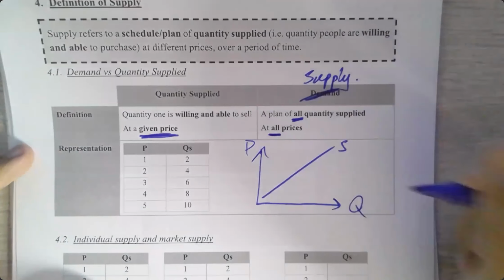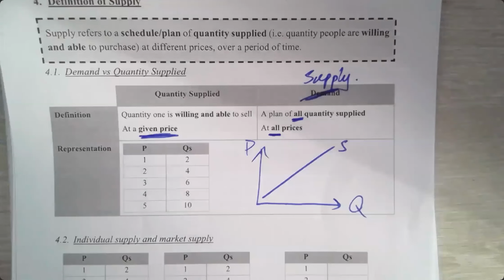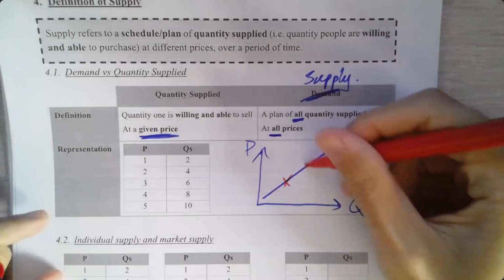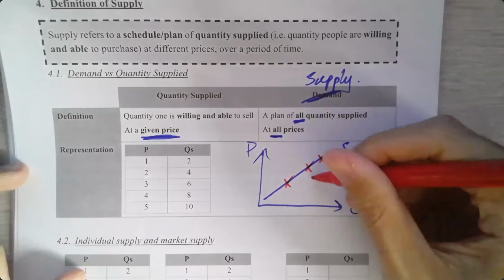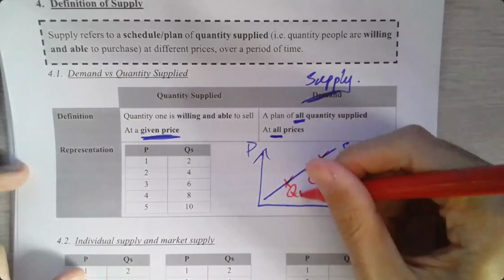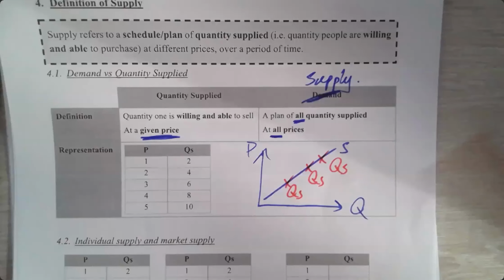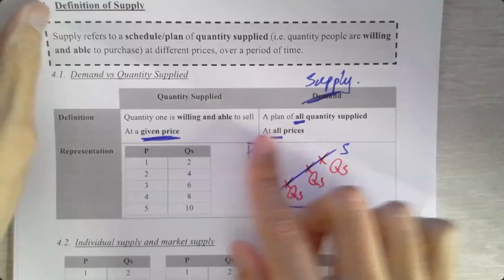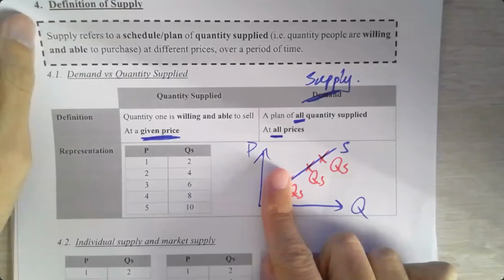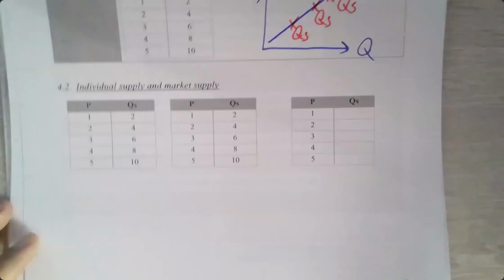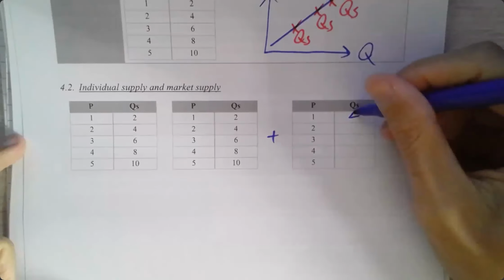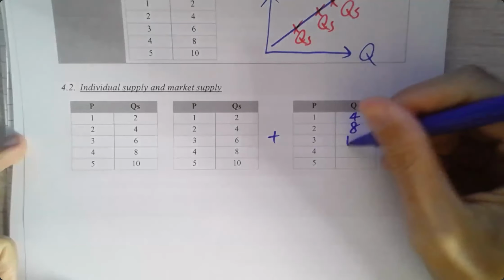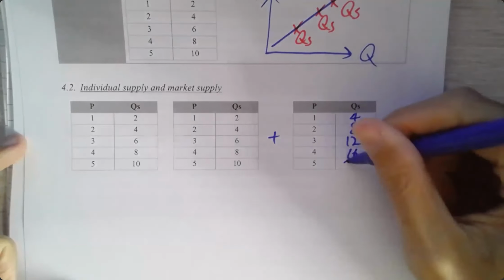Now here, graphically, this time it will go something like this. This is a supply. Individual points along the line would be what we call QS, each point is a QS. This is the same idea as demand, and these add up together, for example 4, 8, 12, 16, 20.